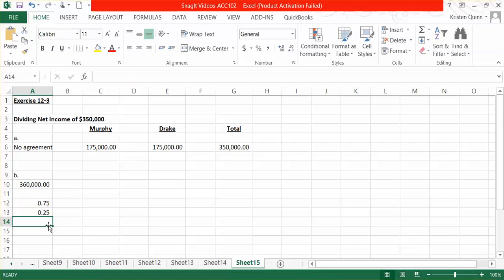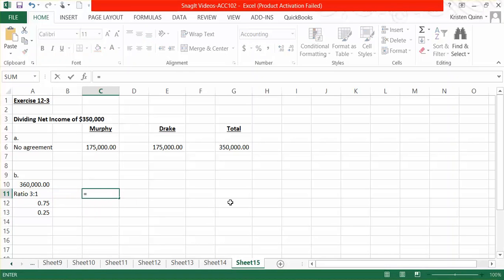Remember, when we add together our ratios, we always have to get back to 1 or 100%. So for every 1/4 that Drake put in, Murphy put in 3 times as much. So our ratio then is 3:1.